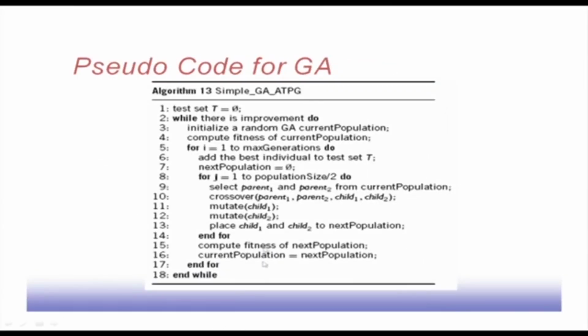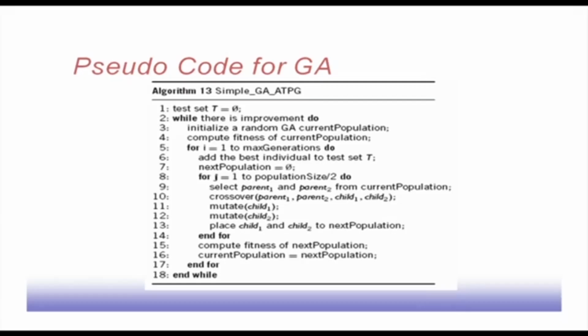So, this is the pseudo code of this GA based ATPG technique. Initially the test set is null, and we loop while there is improvement. Improvement may be in terms of fault coverage, like new faults getting detected, so the fault coverage of the test set is improving. Initially fault coverage is 0. So, what we do is initialize a random GA current population, and we compute the fitness of the current population.